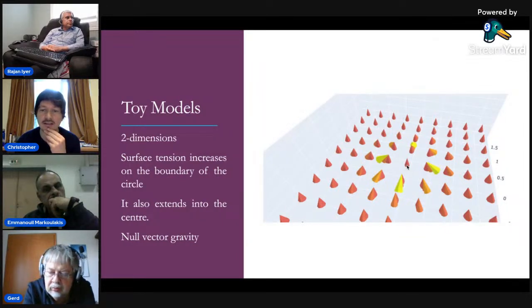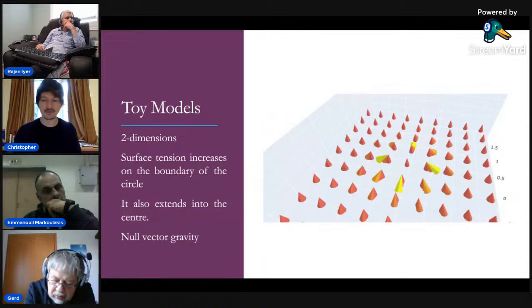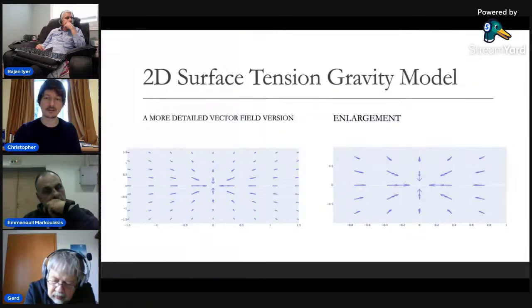But we also see that it extends into the center, and this will be the null gravity vector, the very center of the Earth, for example. But this central vector is obviously perpendicular to the 2-dimensional space, so that's why it remains a null vector in that sense.